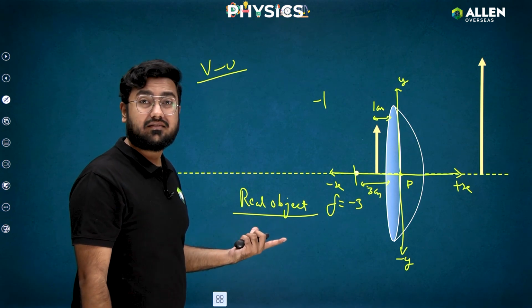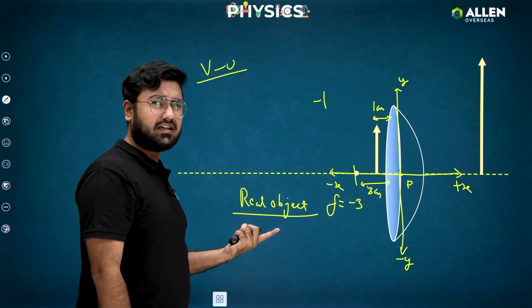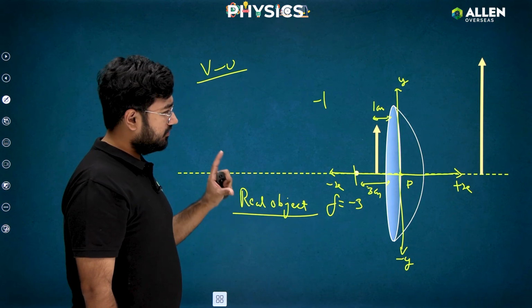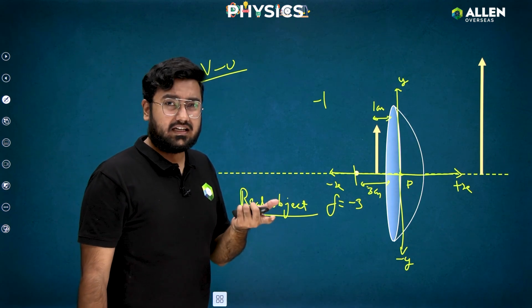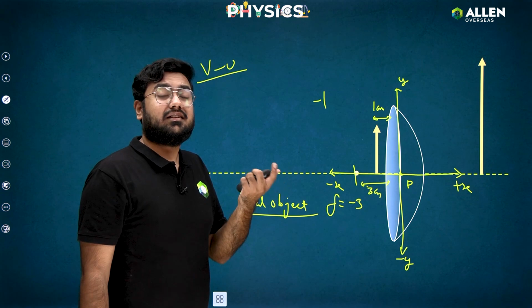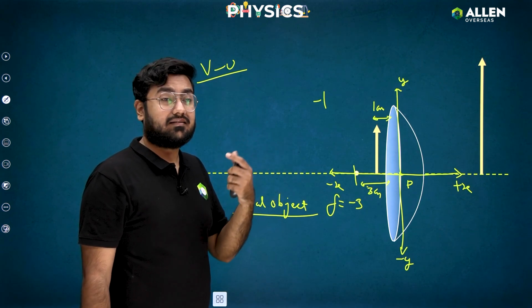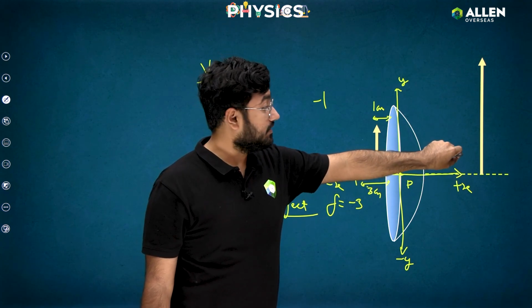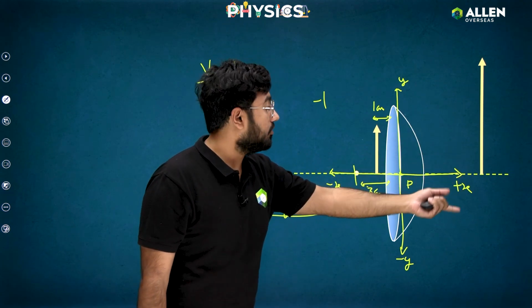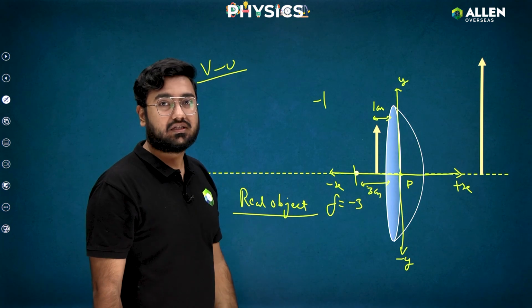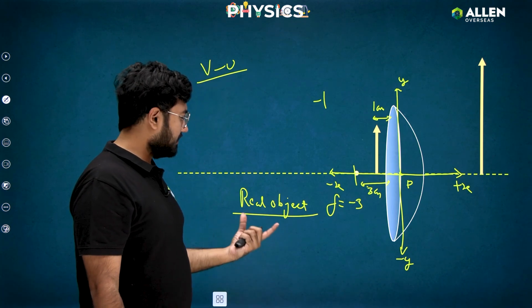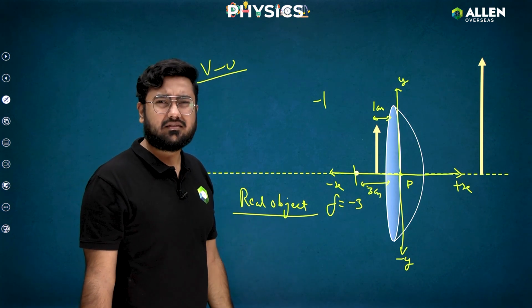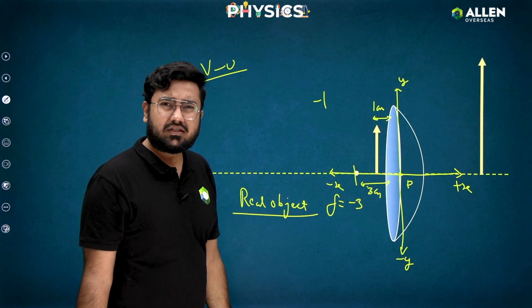They could be virtual as well. A virtual object means that if the image being formed by any other mirror or source is behind this mirror, that image could act as a virtual object for this mirror. Virtual objects are quite basic things, and we generally encounter them.